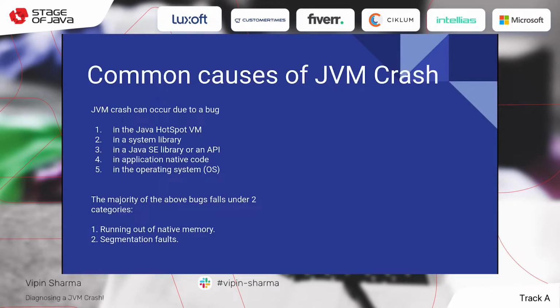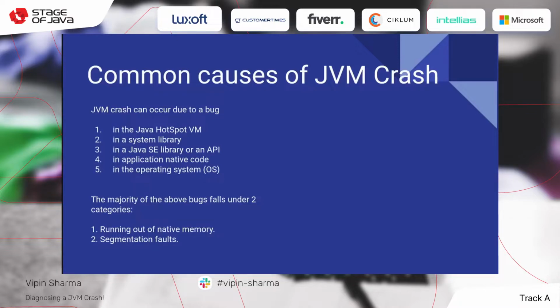Let's try to see why we have JVM crash problems. The common causes are typical bugs in five categories I have listed over here. First is Java HotSpot VM, second is system library, and then Java SE library or API, in application native code, or in the operating system. And out of these, the majority of bugs fall under two categories.